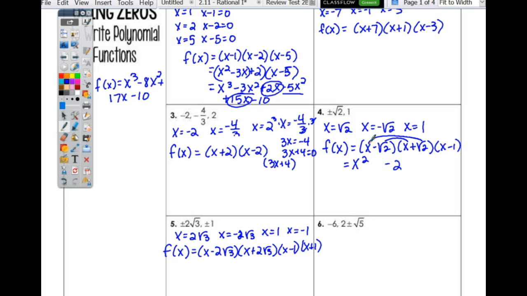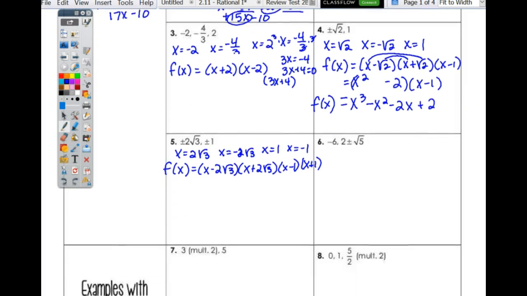So I just get x squared minus 2, and then I'm going to multiply this times x minus 1. So when I do that, x squared times x is x cubed. x squared times a negative 1 is minus x squared. Minus 2 times x is minus 2x, and then plus 2. And there's nothing here to combine, so that is your function.